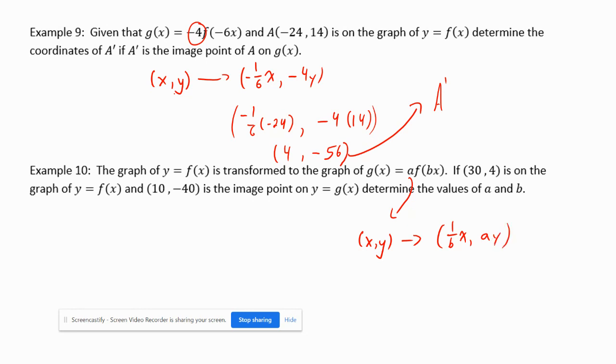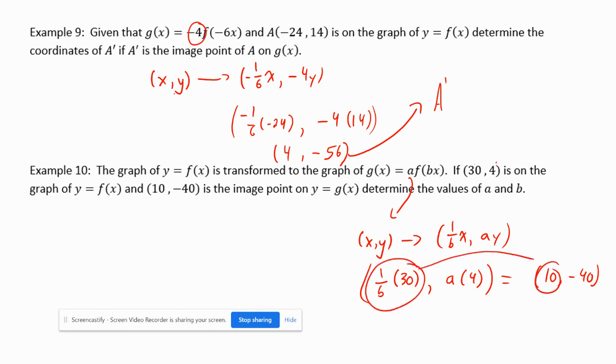Okay, now this is our original. So we have 1 over b times 30, and we have a times 4, equals (10, -40). Okay, so we need to figure out this gets mapped to this guy over here, and this gets mapped to this -40 here.